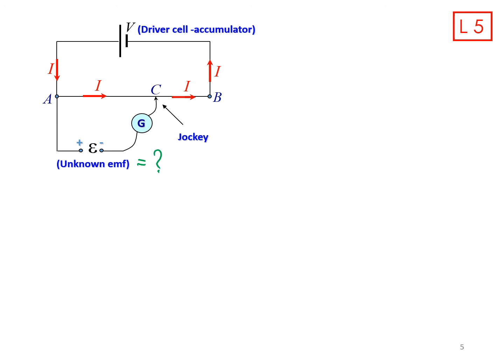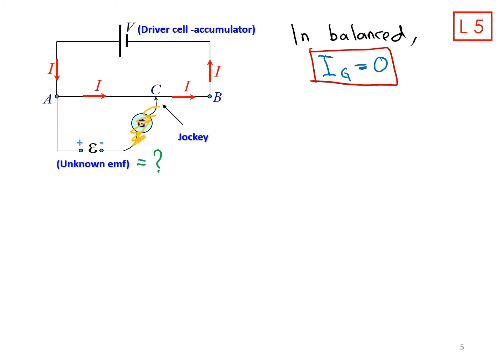As we know, once you set the potentiometer in balance, the current across the galvanometer is equal to 0. I across G equals 0, so no current across the G. Same goes for this wire.